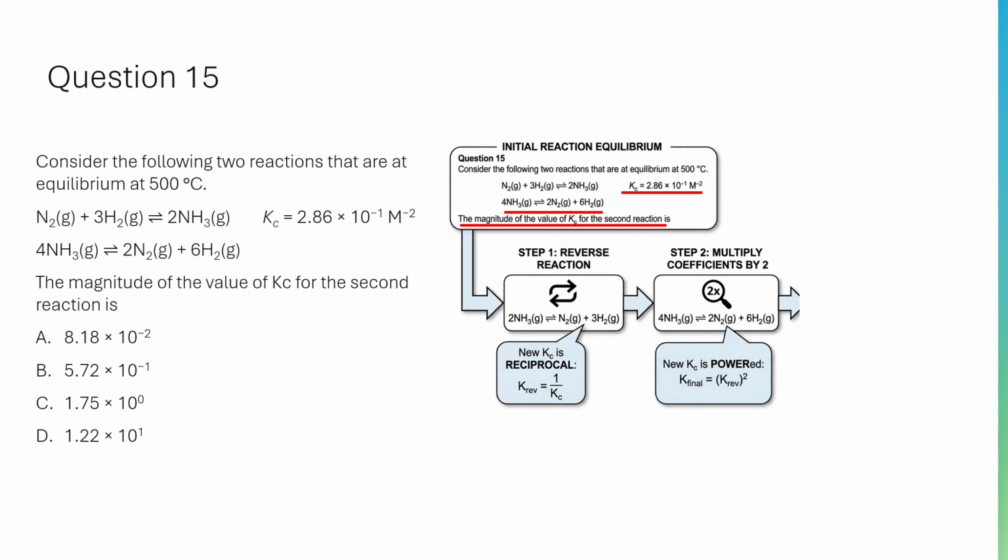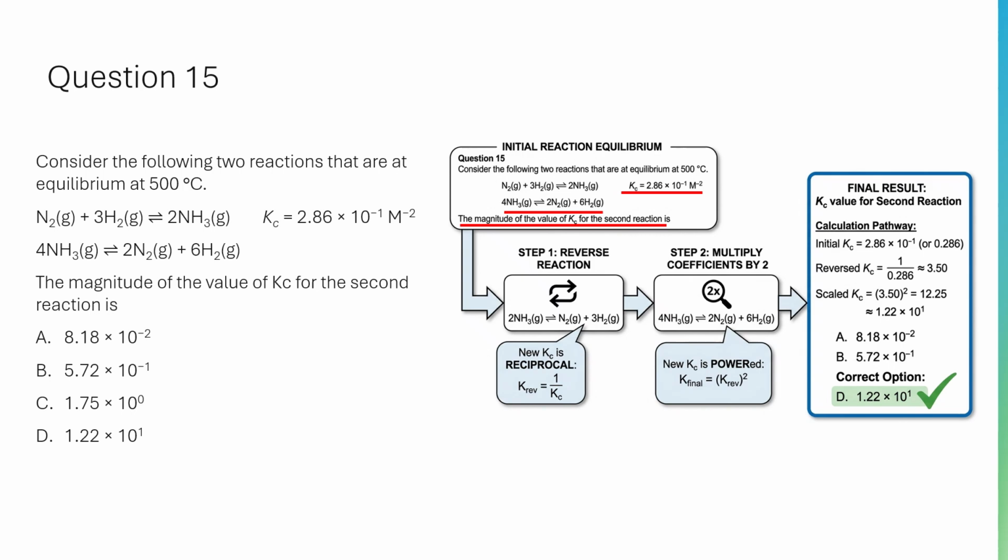This multiplier is represented by the exponent icon, squared. The second green call-out box highlights the rule. When you multiply coefficients by a factor, the equilibrium constant is raised to the power of that factor. In this specific case, the Kc from the previous step is now squared.